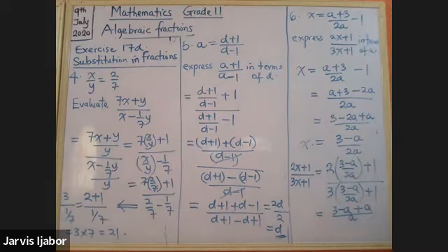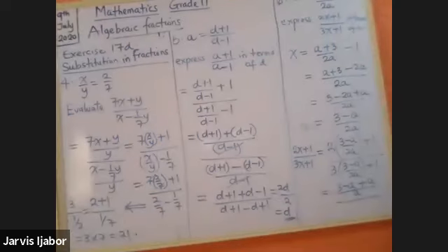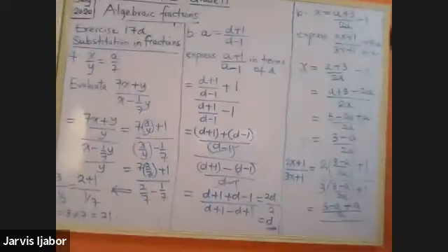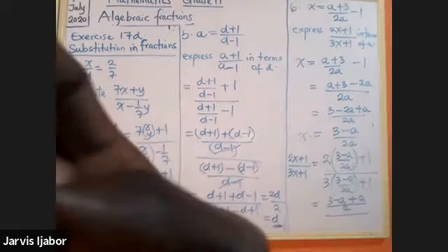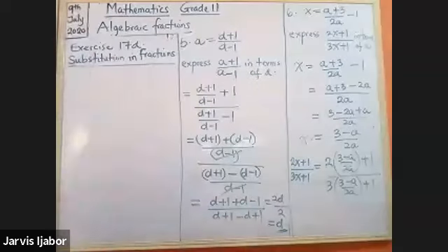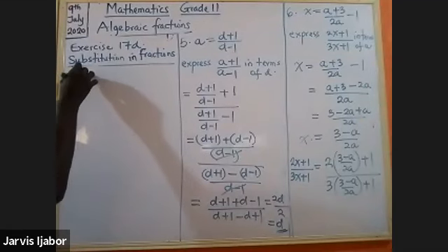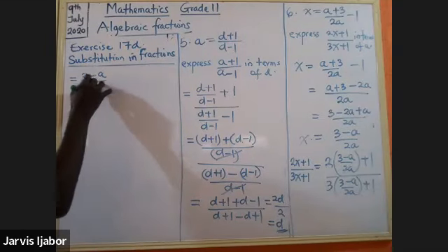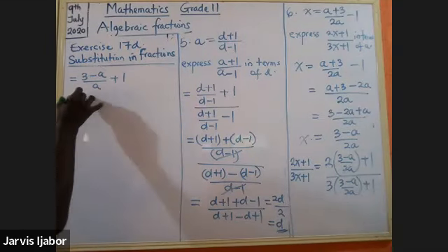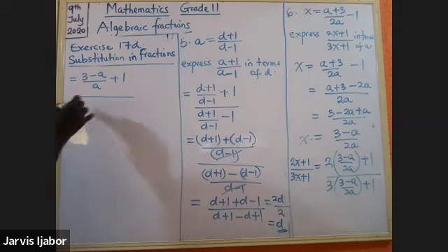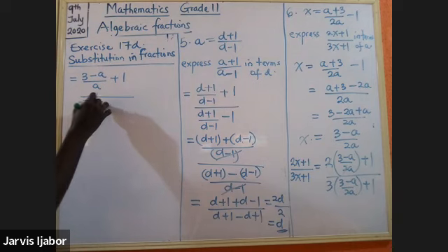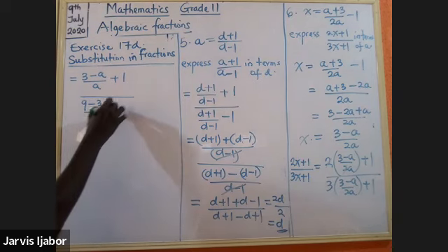For this one, my LCM will be what? Okay, let me take it to a fresh page. Sorry about that. From here, I'm going to have 3 minus A over A plus 1 all over this one is going to be 9 minus 3A over 2A plus 1.